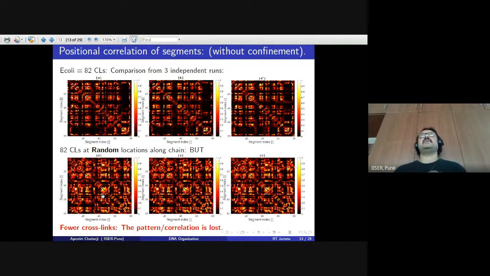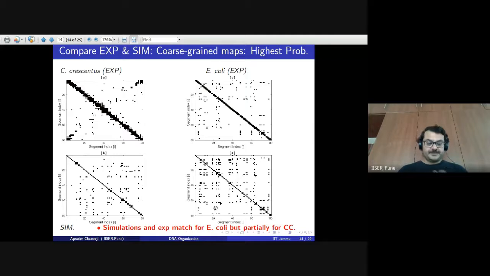Every polymer segment seems like it can be closer to any other polymer segment. It's more like what I would call a bit of a random organization, whereas this is organization in terms of blocks, where only certain segments can be closer to certain other segments. So we have compared with the random crosslink case as well, with an equal number of crosslinks.